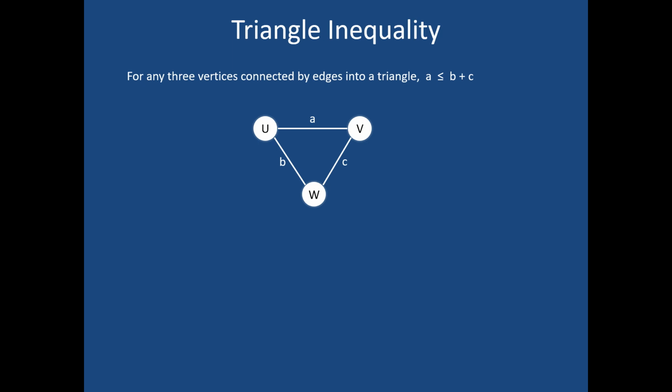The example I always give is imagine that the vertices are airports and the edges are the cost of flying, the weights are the cost of flying between those airports. So you might think it's cheaper to fly from LA to New York than it would be to fly from LA to Salt Lake to New York. But that's not always the case. Airplane fares are just crazy, and sometimes the more indirect route can be cheaper.